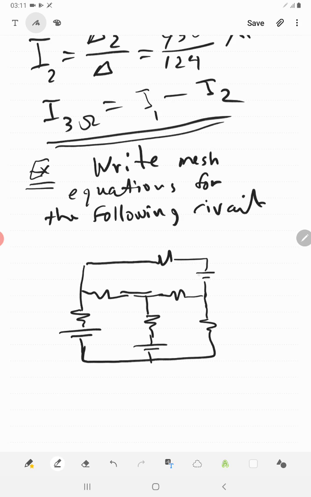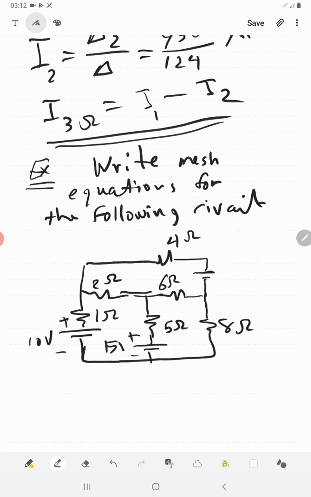Okay, let's give them some values: 2 ohms, 4 ohms, 6 ohms, 8 ohms, 5 ohms, and 1 ohm, and the sources 10 volts, 15 volts, and, let's say, 9 volts.